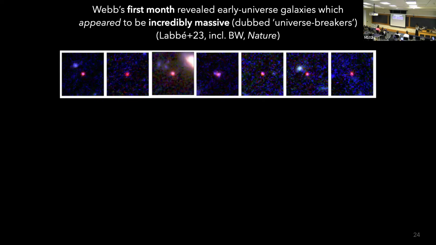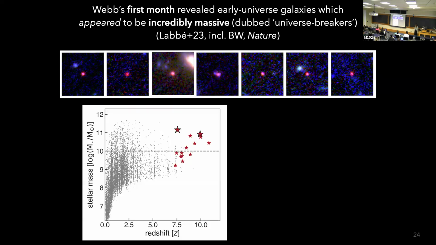Let's get right to it. In Webb's first month, people quickly picked up those little things in the public fields. In the initial papers, we interpreted them as stellar populations. Nature paper, so something's wrong with it, as you know.